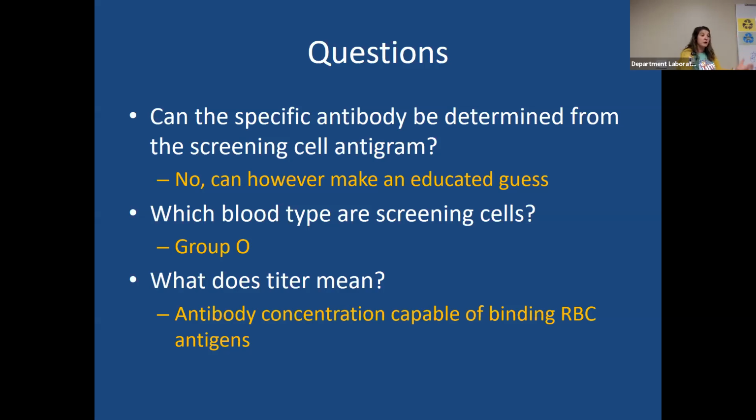We want to do an elution. You can do a heat treatment or an acid treatment. It will dissociate the bond between the antigen and antibody, pulling that antibody off the red cells. Now your antibody is in your supernatant. We can run our eluate just like we did with the patient plasma using our screening cells, and identify what exactly is coating patient cells. That's the process of elution. We'll talk more about that later too.